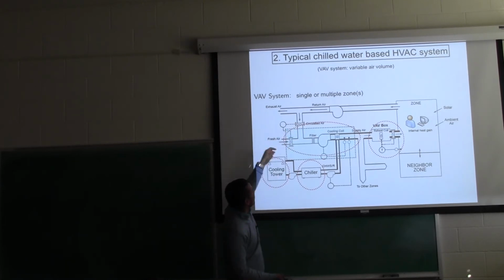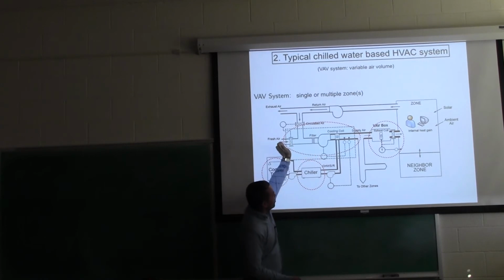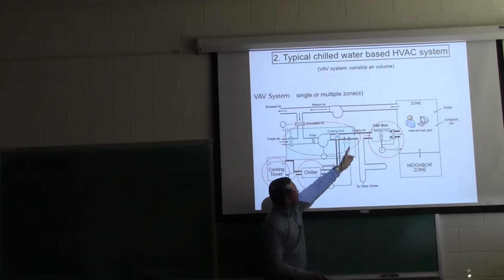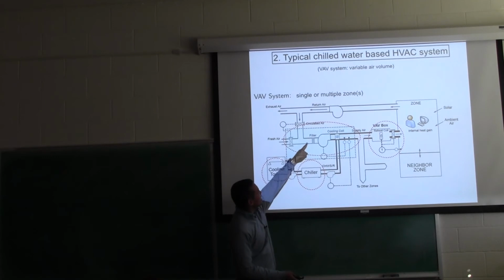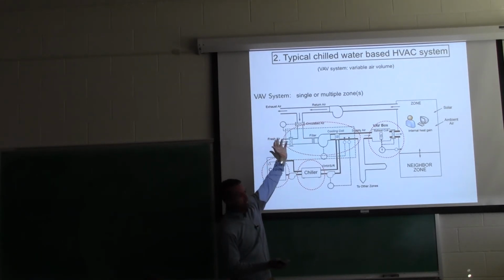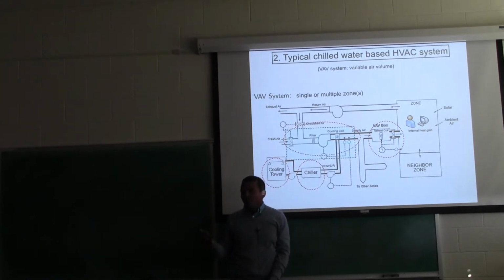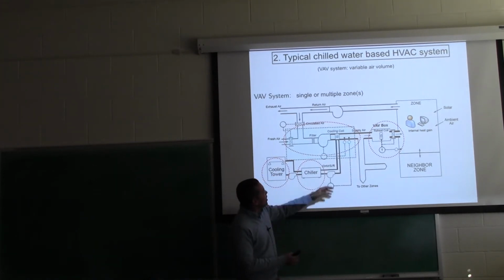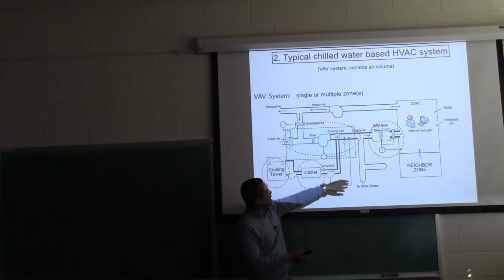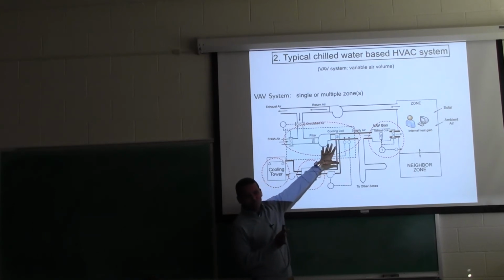Some of it is mixed with fresh air from the outside. It goes to a filter, and a fan pushes the air into the building. But before you push the air in, because the air outside may be hot, especially in Gainesville, and the return air is kind of okay, kind of warm, but also humid, you have to cool and dehumidify the air, and that's the main consumer of energy.